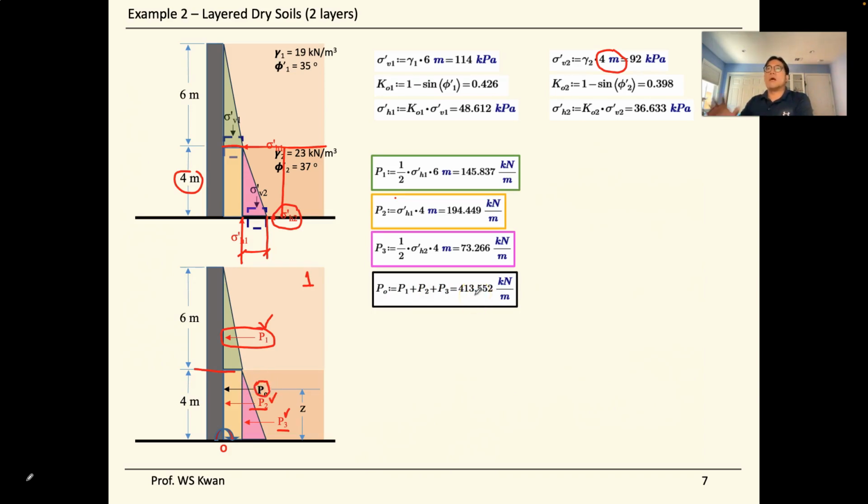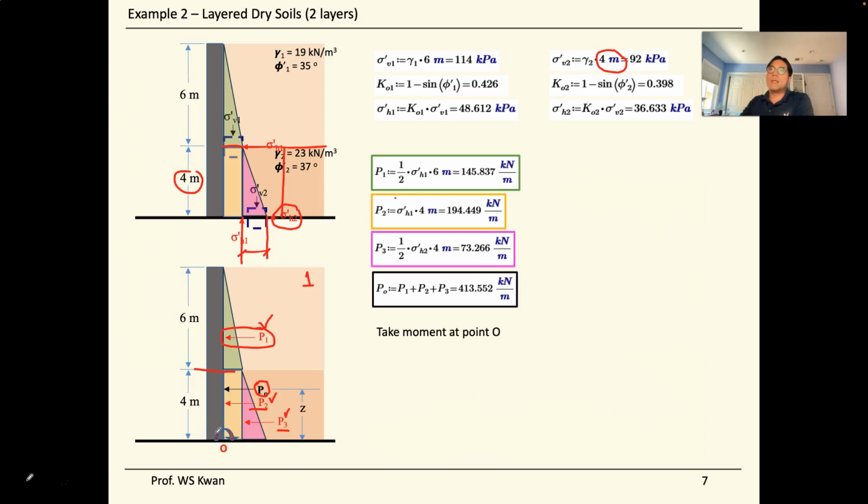And now the remaining task is to try to find the location of this P0, accounting for the bottom of these systems. So whenever we have something more complicated than just a triangle or simple area, when we have multiple areas of force come together, then we need to take moment at the base at this point.